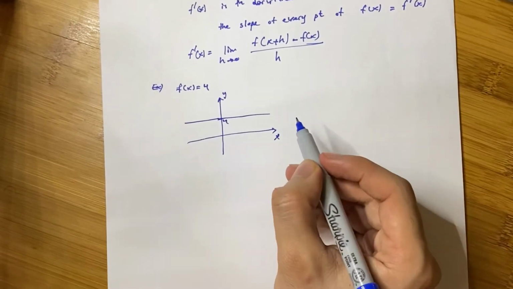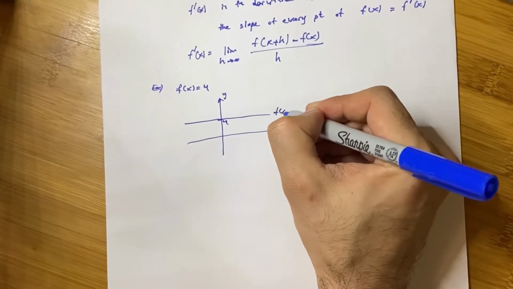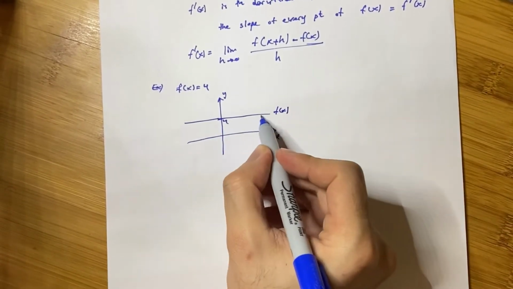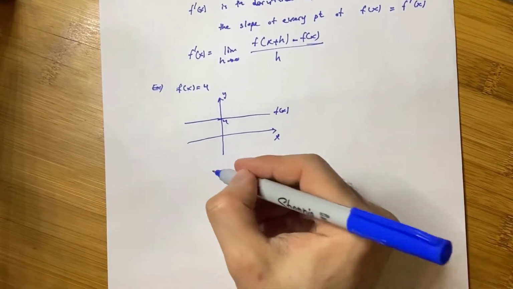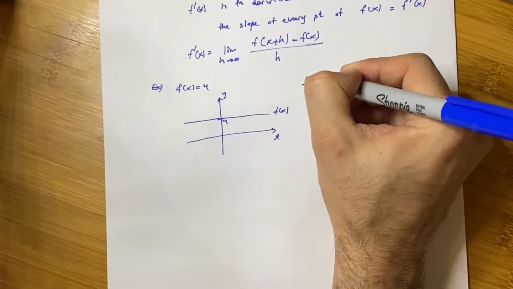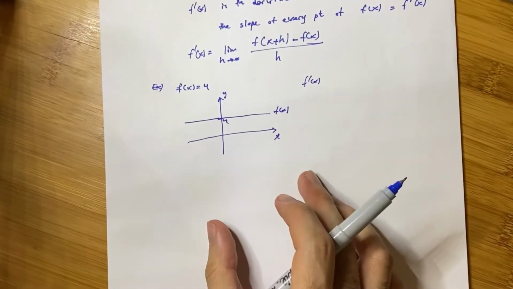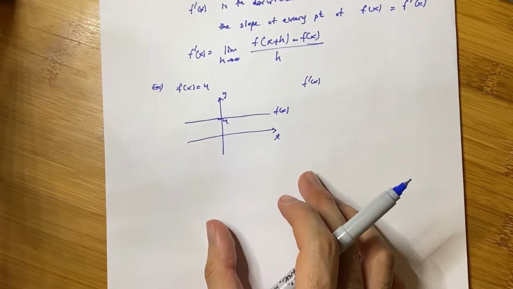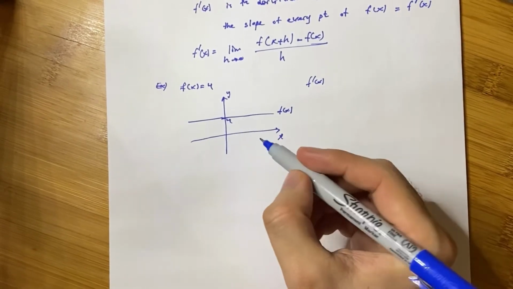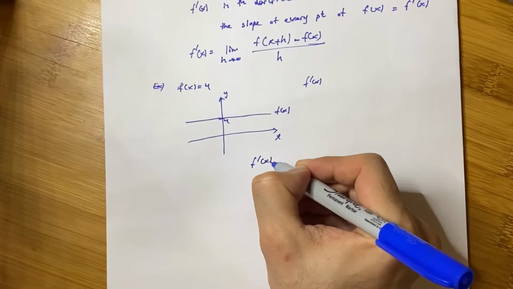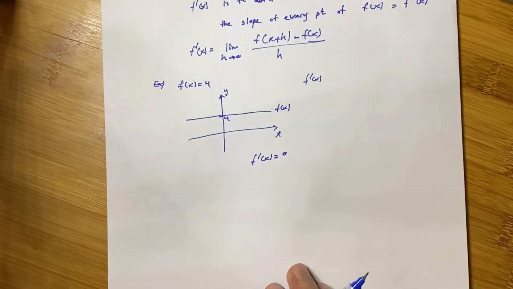This is f of x. So here at 4, this is a constant, and we ask what is f prime of x? Since this is a constant, what that means is that we don't have any slope, so f prime of x should be 0.